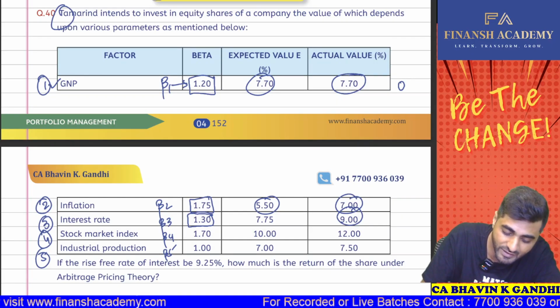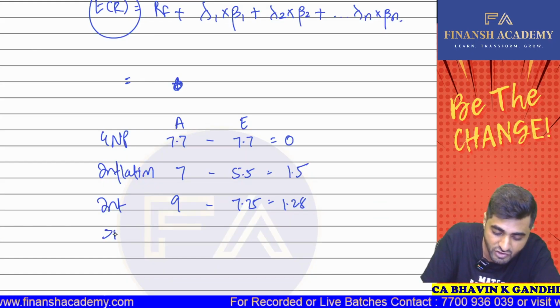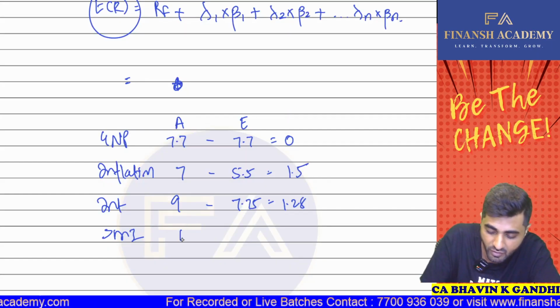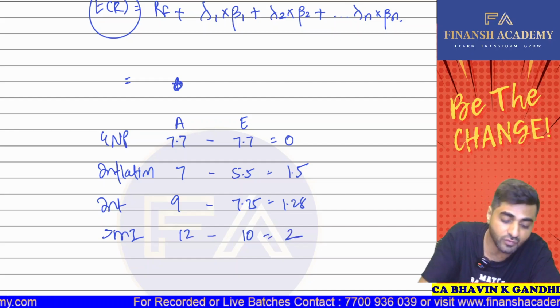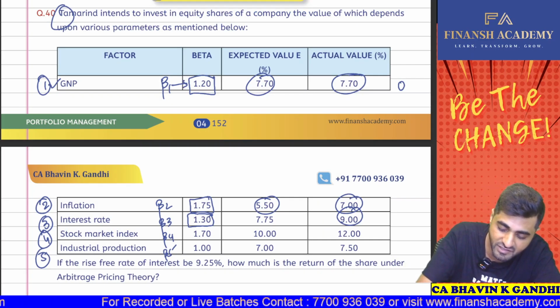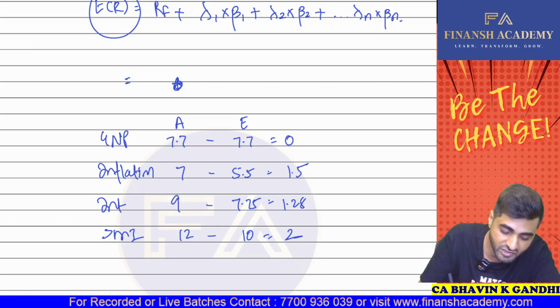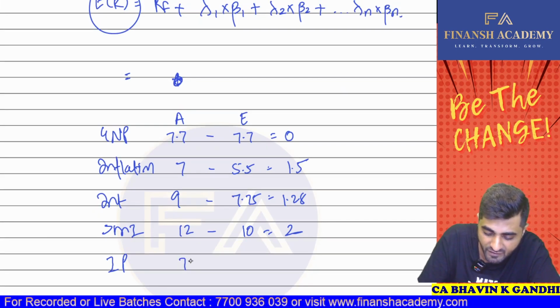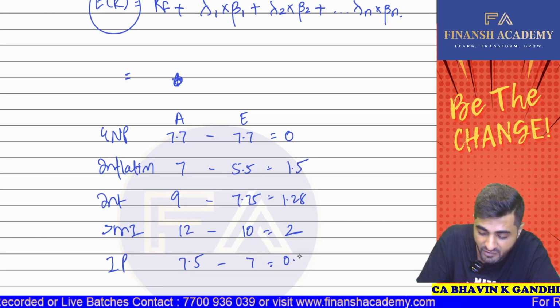Similarly, we have the next one, that is stock market index. For stock market index, we have the actual data of 12 and 10. Okay. And this will be treated as 2. And then what do we have next? Industrial production. So your industrial production will be 7.5. And from this, if I subtract 7, this will be 0.5.